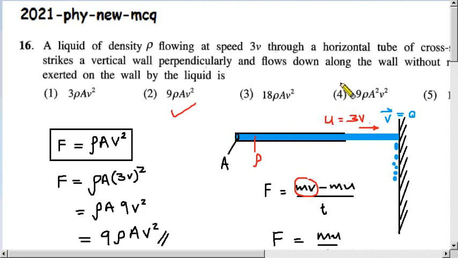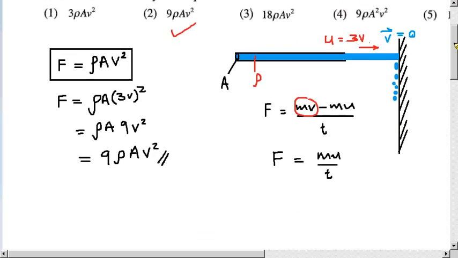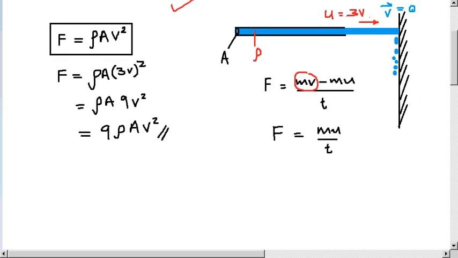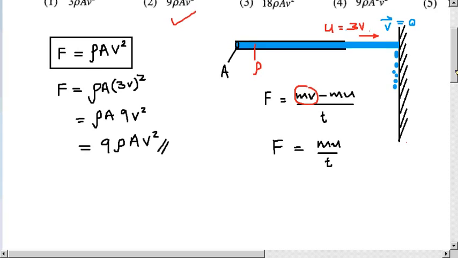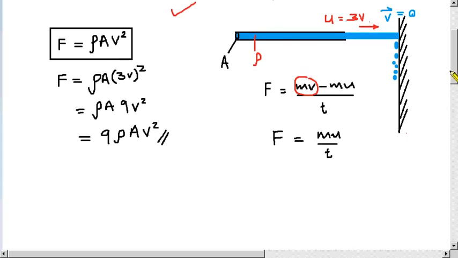But if you don't remember this equation, you have to derive it. So I will remind you how to derive this equation if you have forgotten. We have to consider there are two methods. One is we assume t equals 1 second.